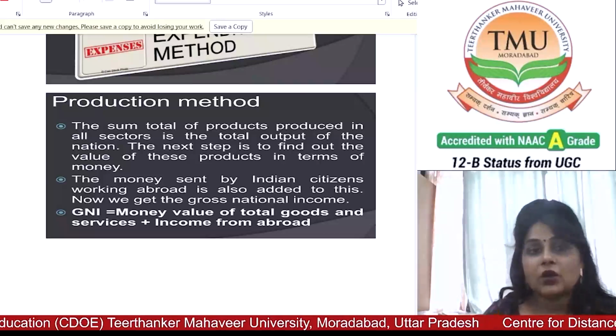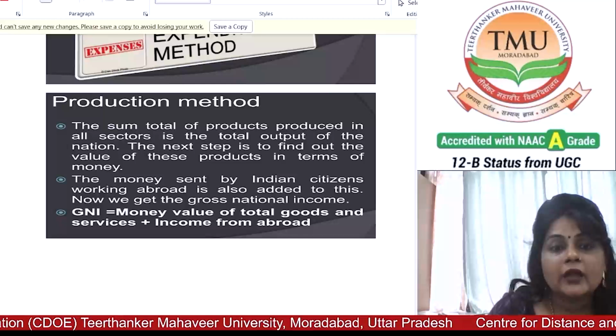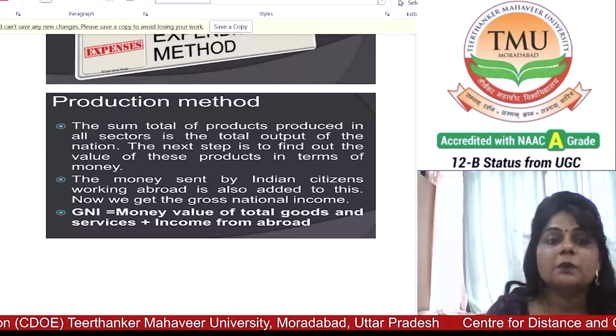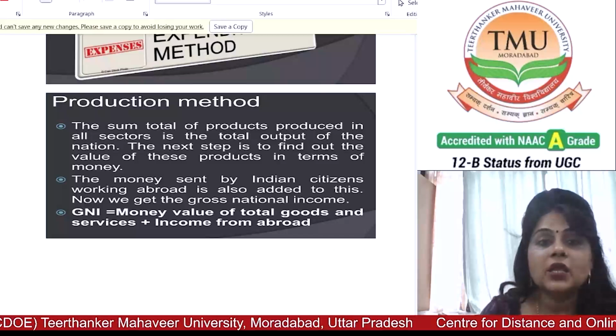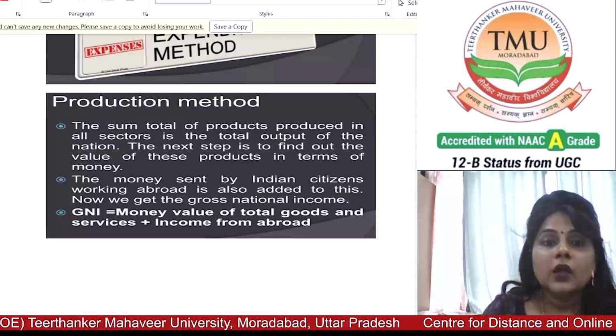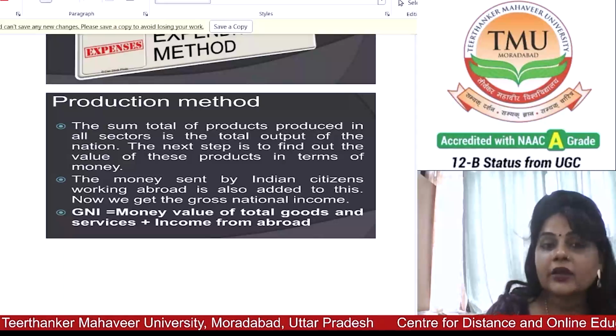So the summation of the gross value added at market price is equal to GDP at market price. Now calculate domestic income, NDP, net domestic product at factor cost.